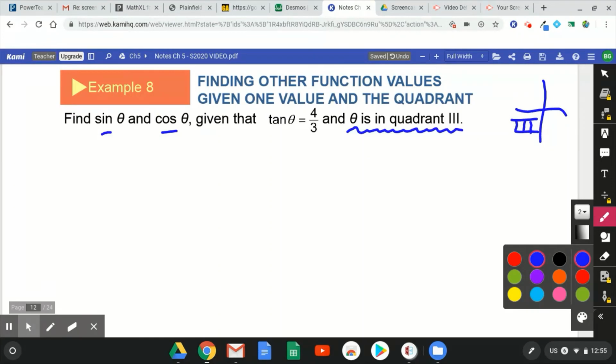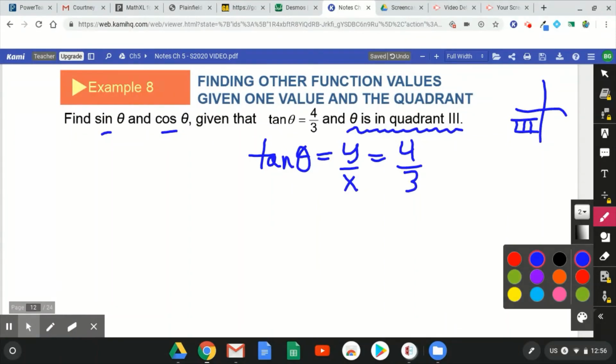So if we continue this problem like we've been doing, we know tangent theta is y over x. So again, it's not really proper to say y is 4 and x is 3, but we're going to kind of act that way. Really, it's probably better to just think about the ratio. 4/3 is the ratio of two sides of that triangle.